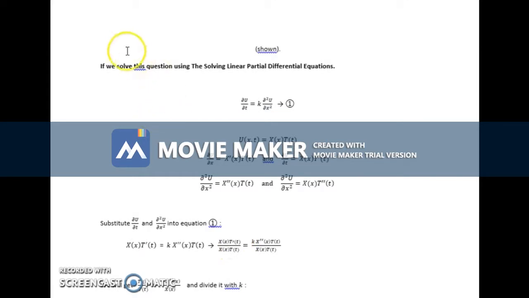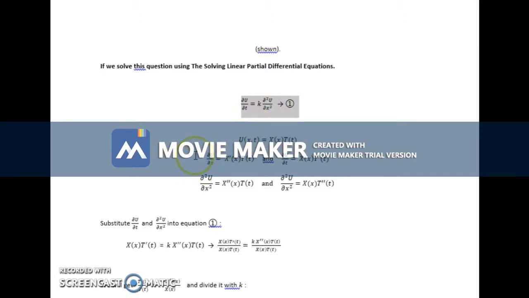Now we have to solve this equation using the method for solving a linear partial differential equation. We have the first equation, which is delta u over delta t equal to k delta squared u over delta x squared.